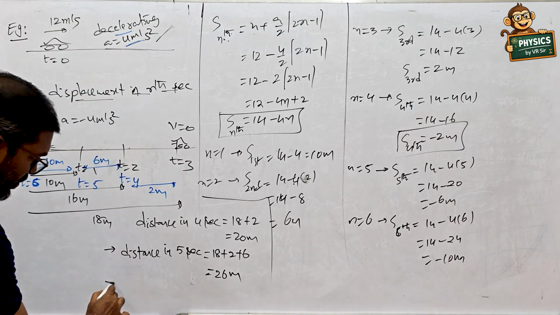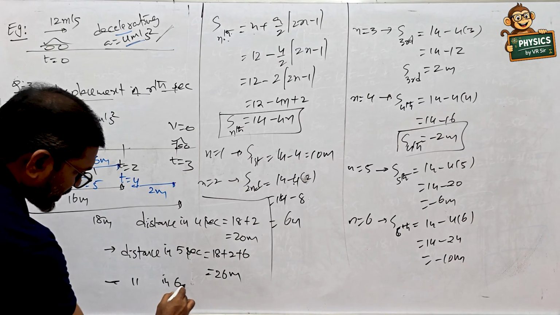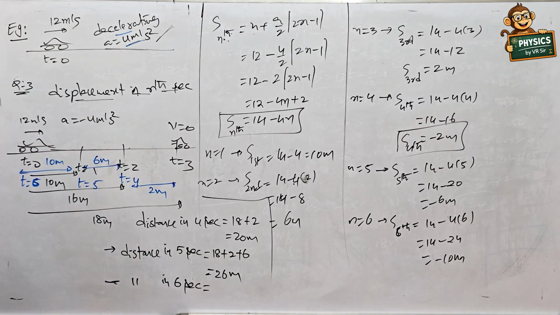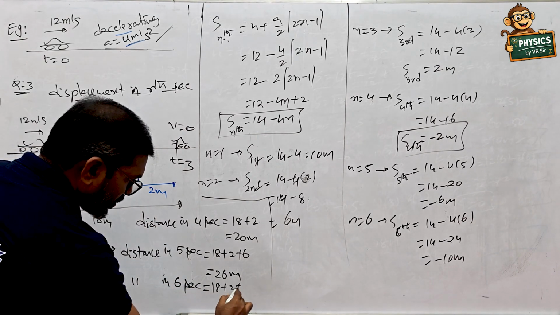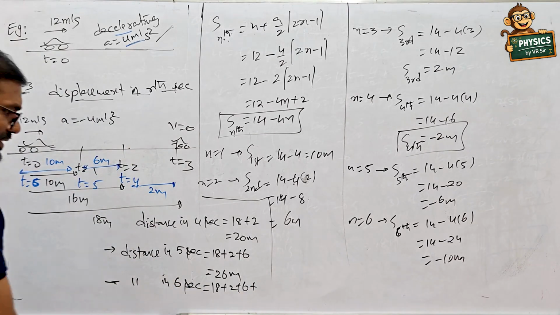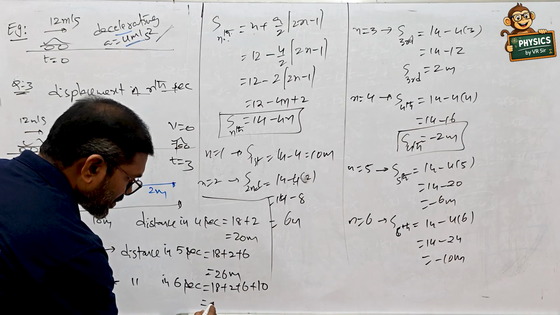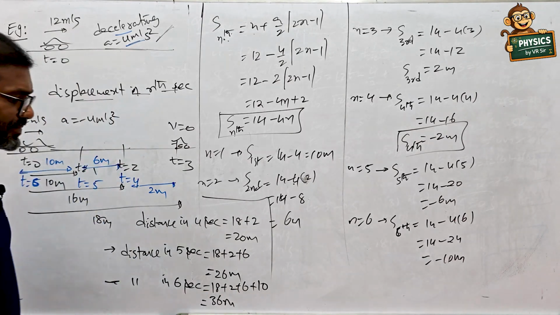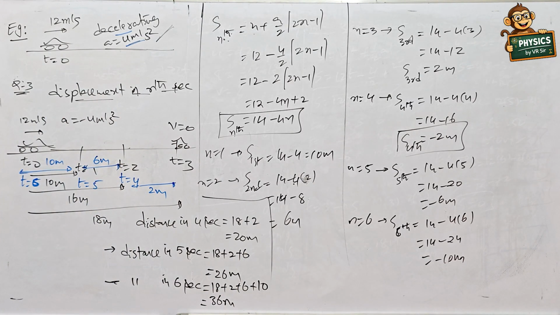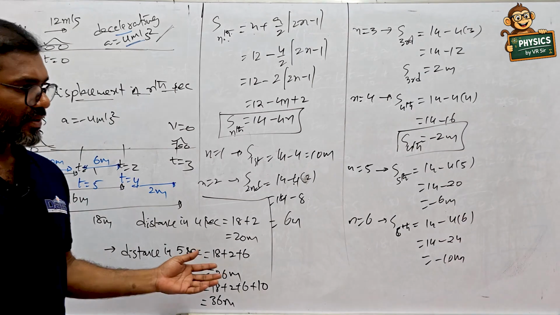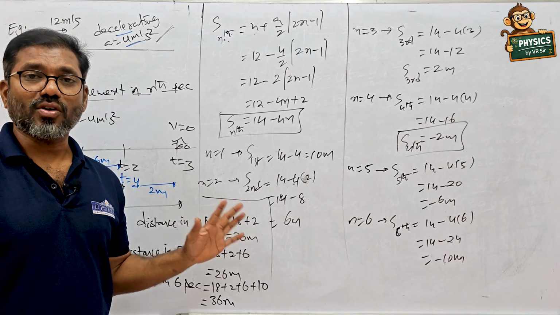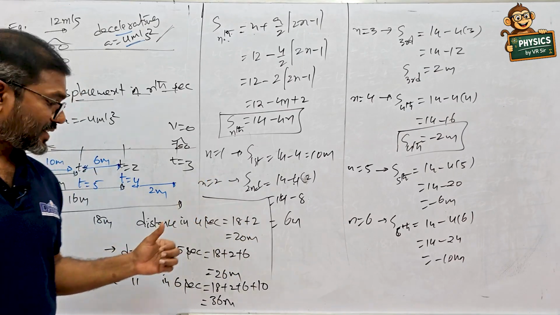Now coming to distance in 6 seconds. Distance in 6 seconds means 18 plus 18 total, right? So how do you write it? 18 plus 2 plus 6 plus the last second's distance, 10. So it is nothing but a total of 36 meters. This is how we should focus, and we should be a little bit aware and cautious when they ask us for the distance.